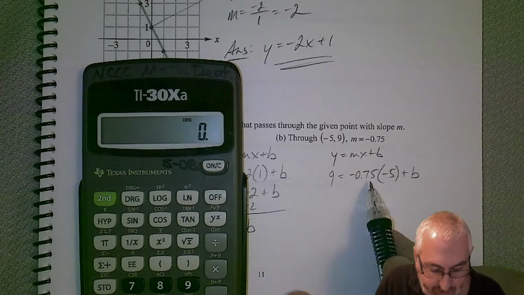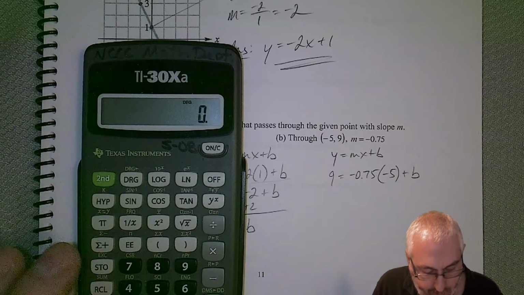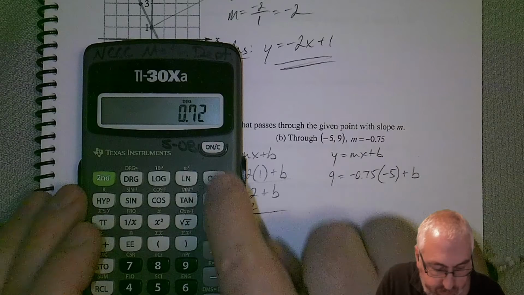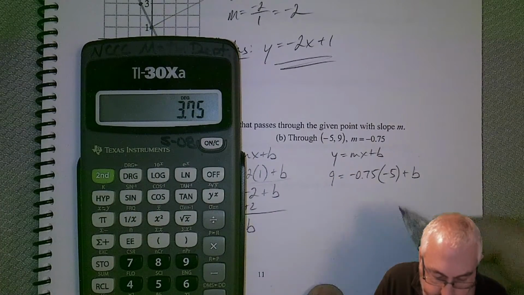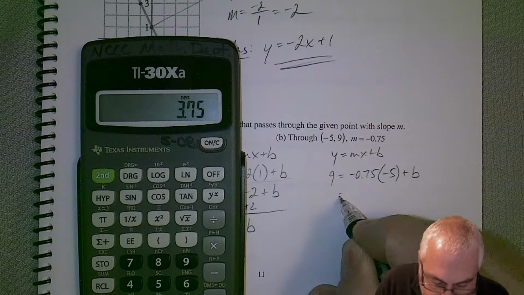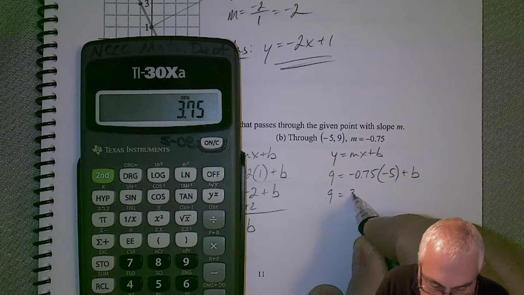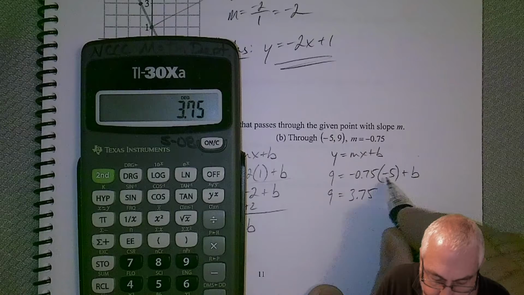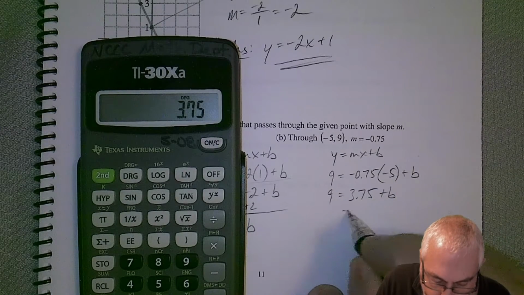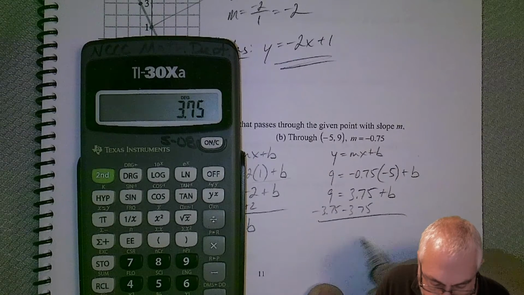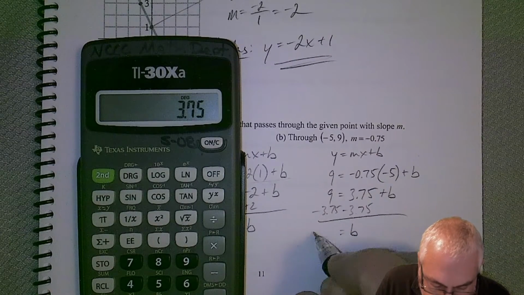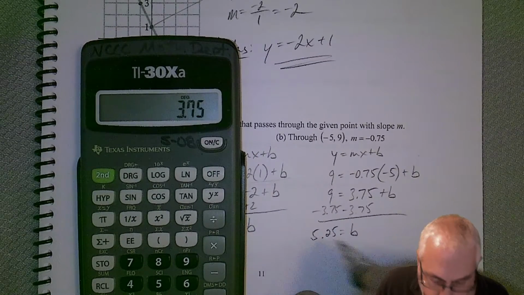So we're going to want to multiply that. Let's see what we get. 0.75 times 5 equals 3.75, and it better be positive because we had 2 negatives. And now when we subtract this over to the other side, well, that looks like 5.25.